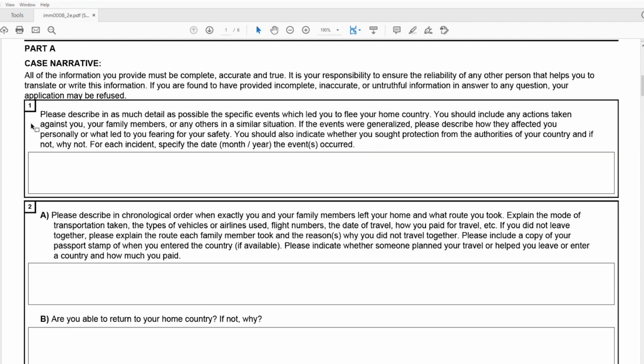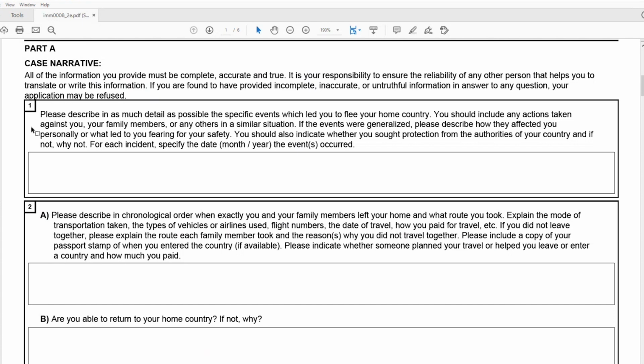And they should also explain any actions that were taken against them or their family members or any other persons who were in a similar situation in their country or in the country of asylum.